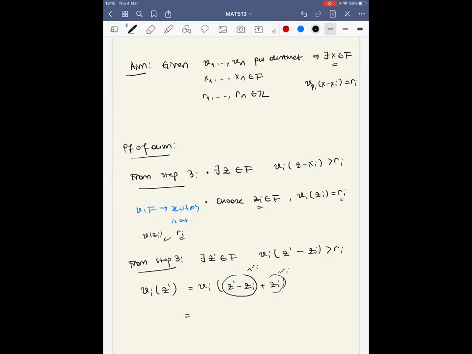That means we can apply triangle inequality, strict triangle inequality, and similarly by this fact, this minimum is equal to ri.